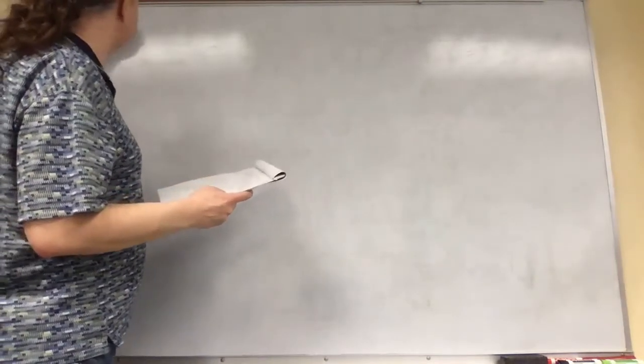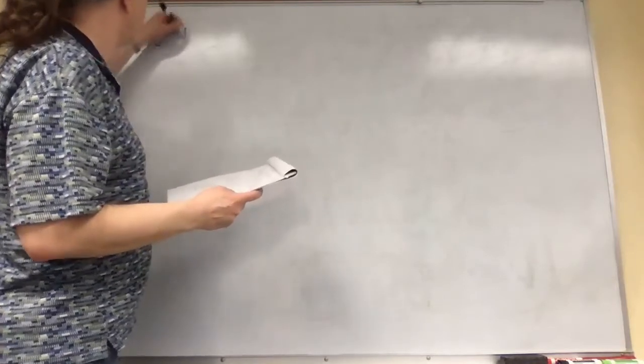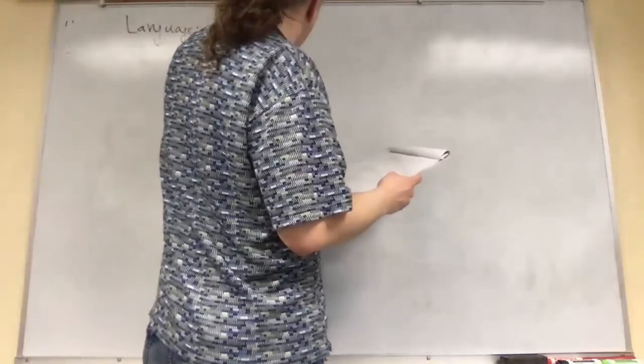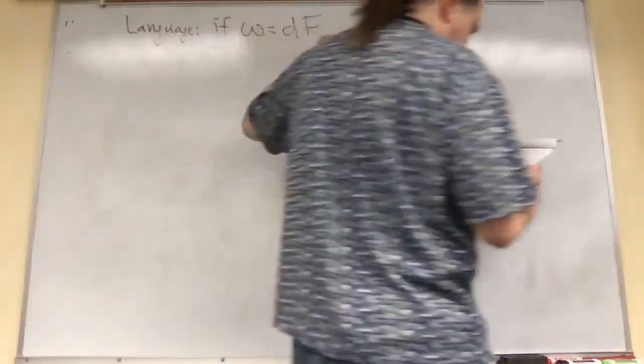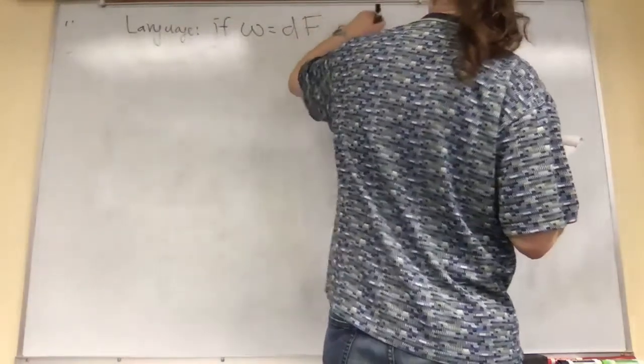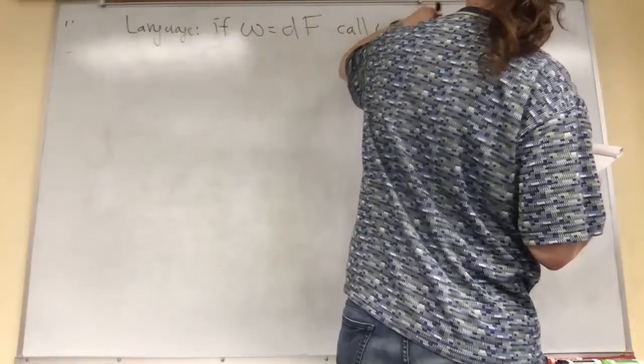So first of all, let's just get some language so that I don't have to keep saying, is the derivative of a function or is the gradient of something? We will say, this is just terminology, if omega is the derivative of some function, we call omega exact.